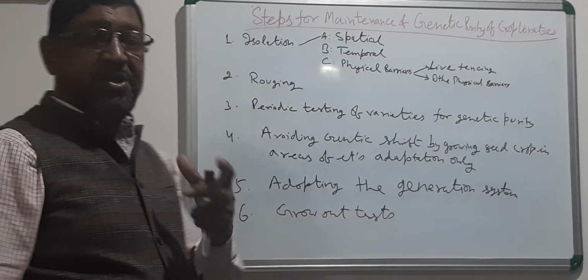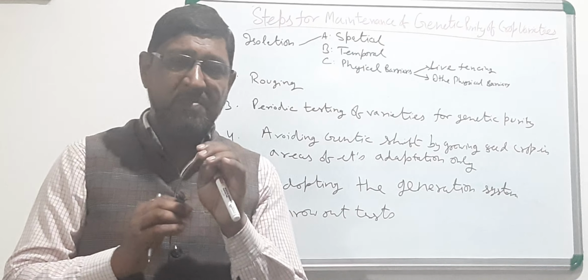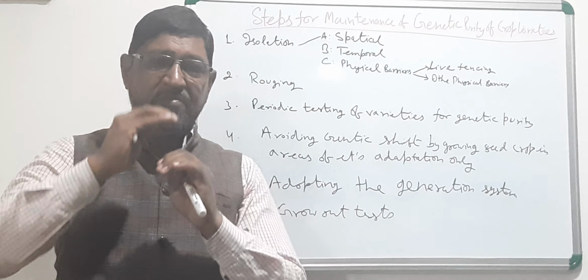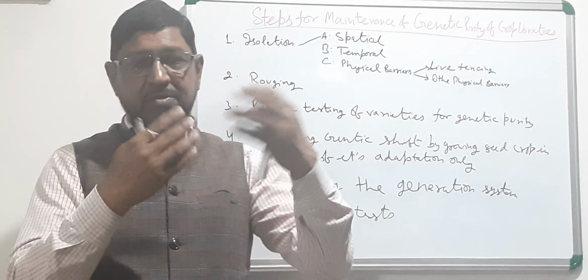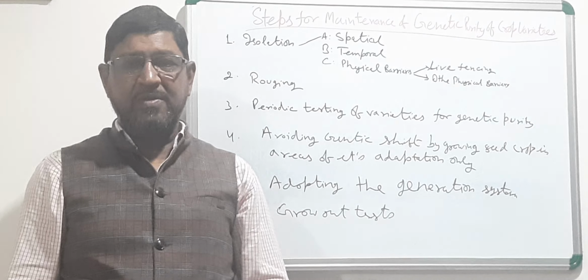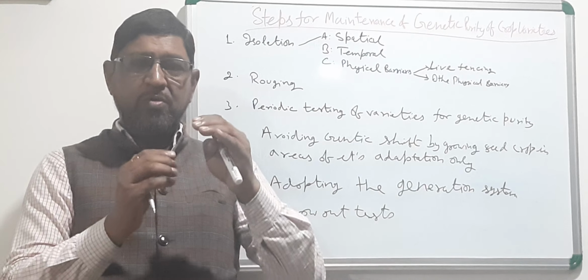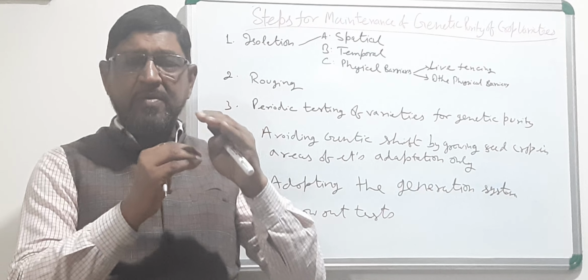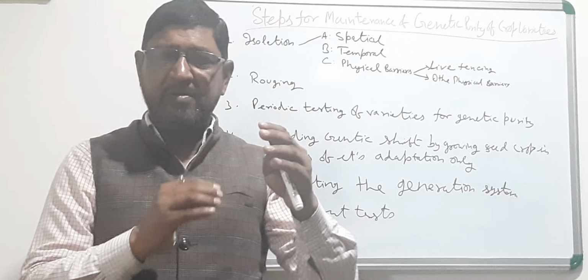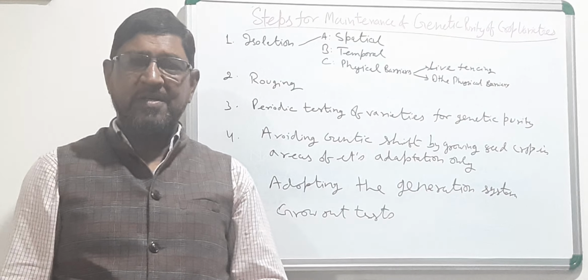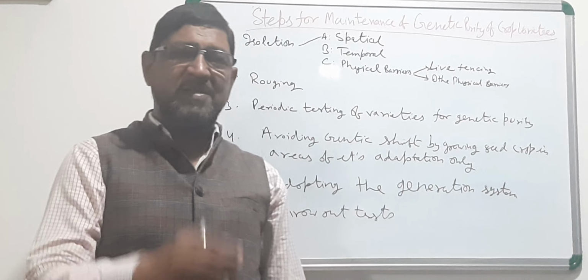Adopting the generation system is of course very important. What is the generation system? The breeder seed, then foundation seed, then certified seed, and certified seeds are given to the farmers for crop production. So from breeder seed, you go for foundation seed. Try not to grow breeder seed from breeder seed.